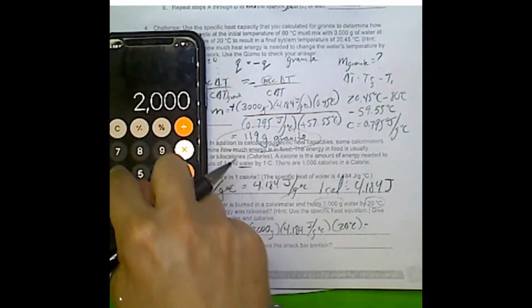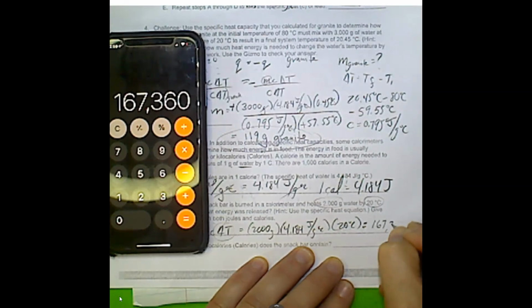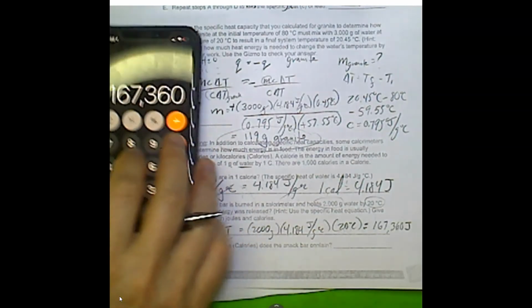Well, let's put that in our calculator. And it would seem that our Kit Kat holds 4.184 times 20 equals, oh, that's a lot of energy. That's 167,360 joules of energy in a candy bar. It's no wonder you don't want to eat too many of those.